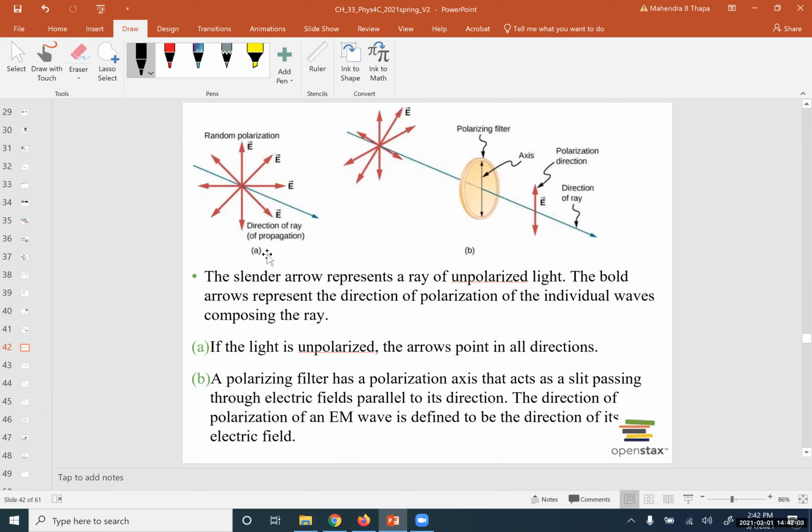A polarizing filter is one that allows only selected vibrations. Let's say this source is the unpolarized light.